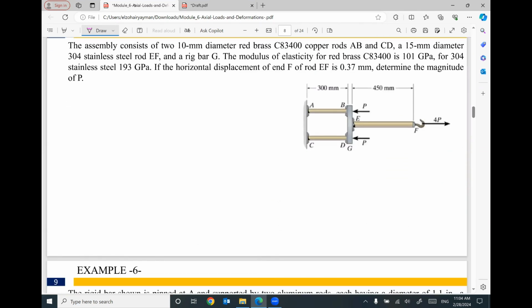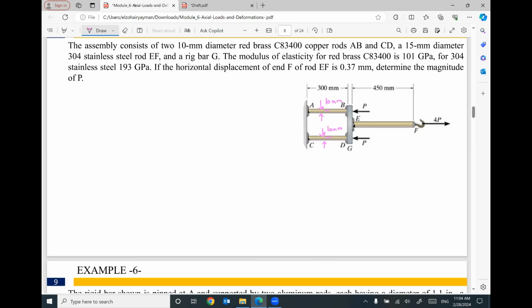One more example. In this example, we have an assembly consisting of red brass copper rods AB and CD, each with a diameter of 10 millimeter.